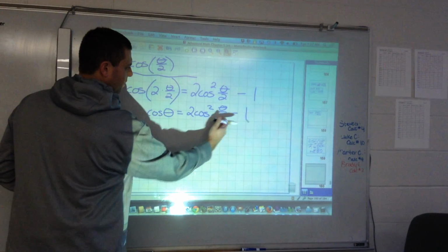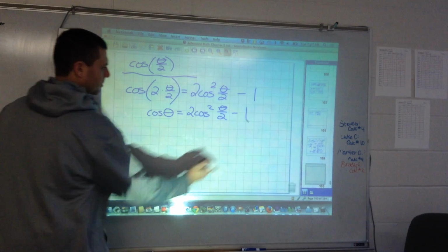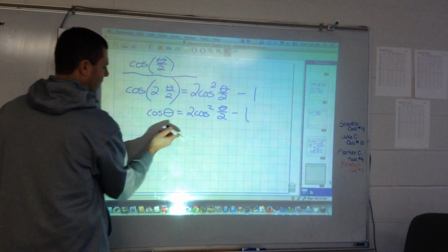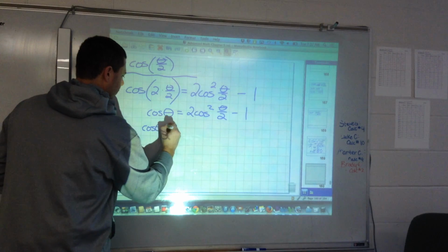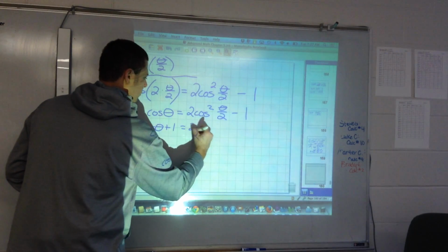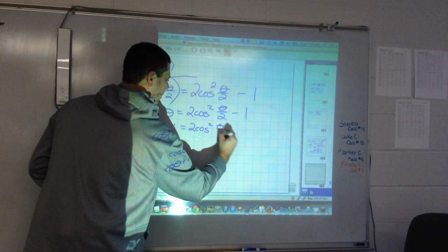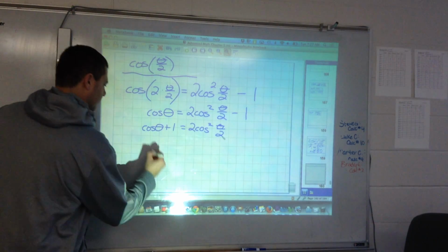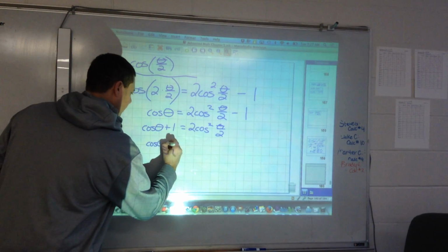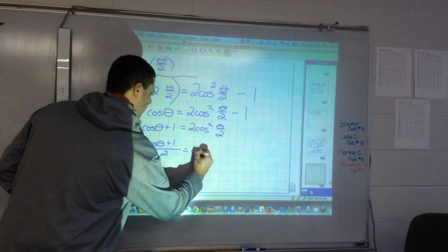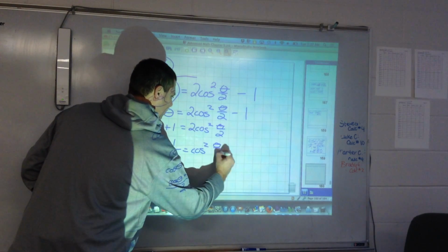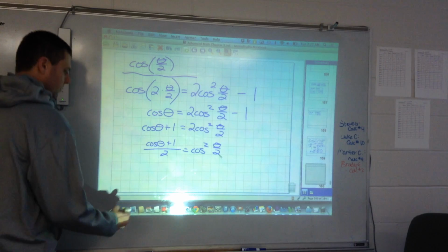Now I'm just going to solve for this half angle to show you how the identity comes about. So add 1 to both sides. Cosine of theta plus 1 equals 2 cosine squared theta over 2. Divide both sides by 2. So cosine theta plus 1 all over 2 equals cosine squared theta over 2. And then square root both sides.